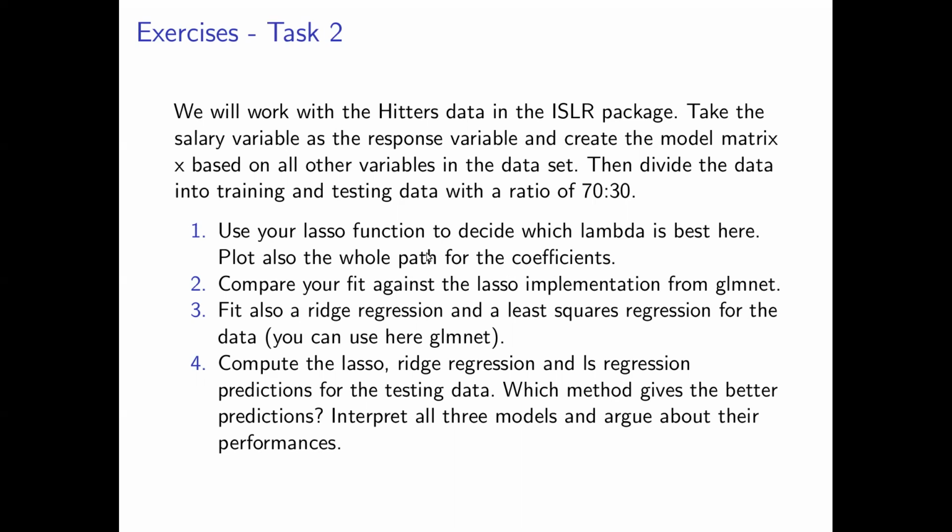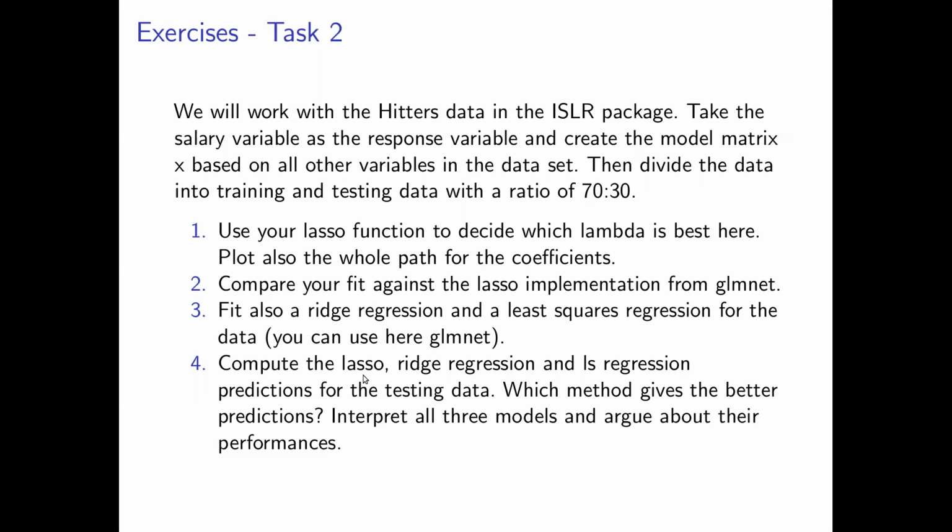The whole path means for all possible values, how the coefficients evolve until they are removed. So compare your fit then against the lasso implementation from the GLMnet, and now also fit the ridge regression and the least squares regression in comparison.